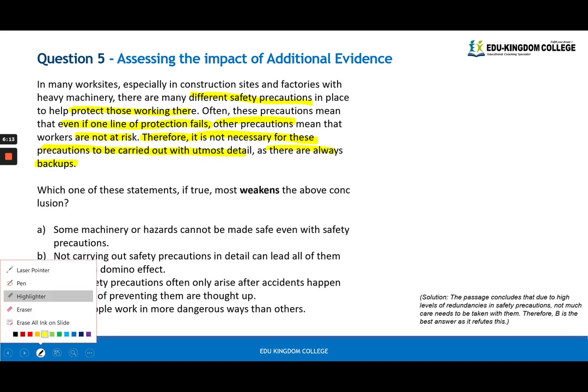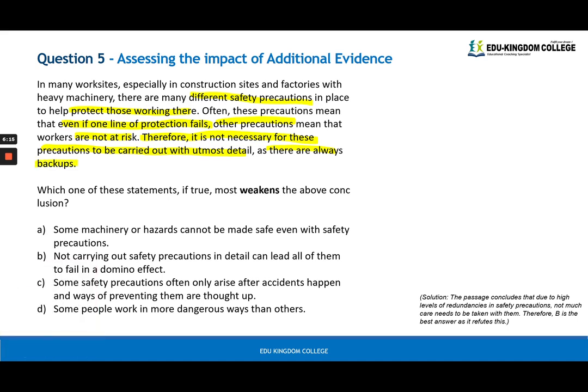This statement doesn't really make sense. We have to make sure that every precaution is carried out to the best of our ability. We can't just rely on backups to save us. Backups are literally what they mean, backups. So we can already see a little flaw that we can pick on for the weakening statement.